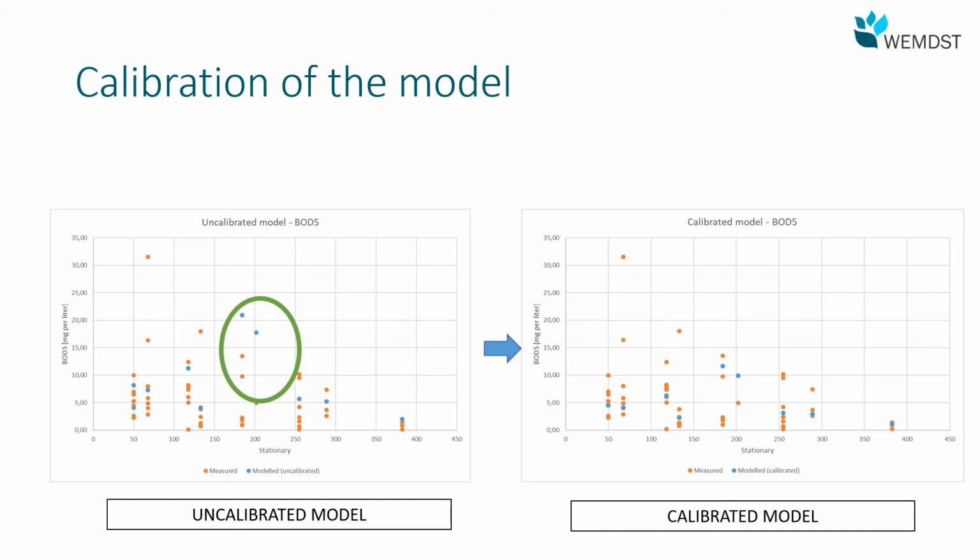On the left-hand side, we can see the uncalibrated model, and the blue points are the concentrations calculated by the mathematical model. The orange dots are the ones that are measured. We have calibrated the model appropriately in order to stay within the measurements with the modeled results.